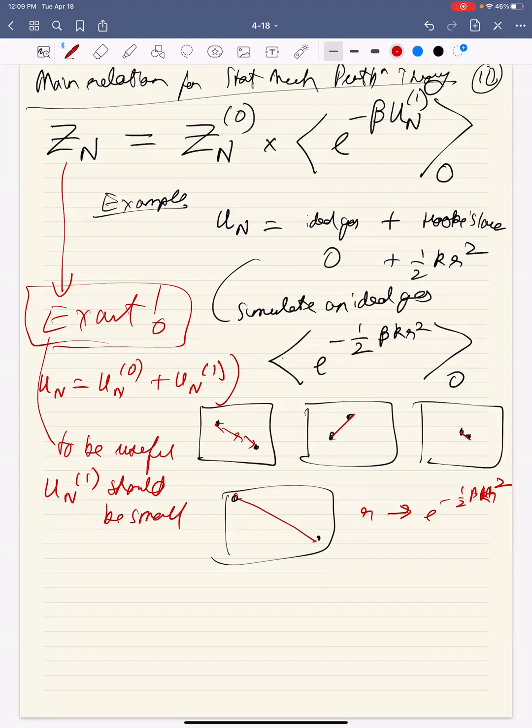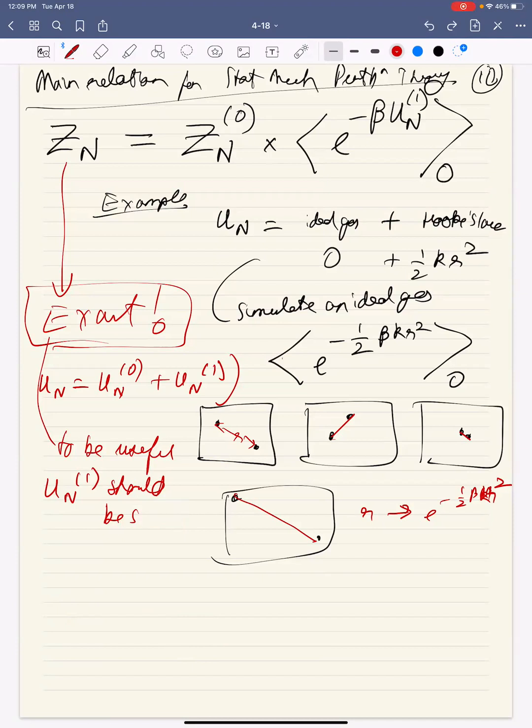So how do people make use of it? Why is it so useful? The idea is to have gradual perturbations, okay? Don't immediately go from no interaction to full interaction. Turn it on slowly, right? So you go from U_N0 to some small U_N. Let me write it down a bit more carefully.